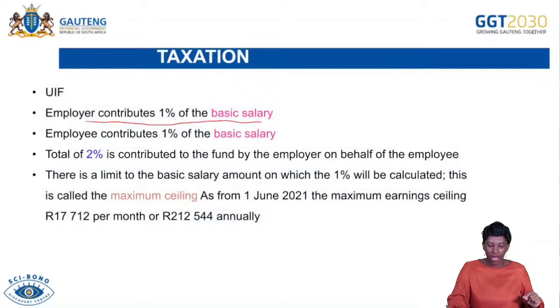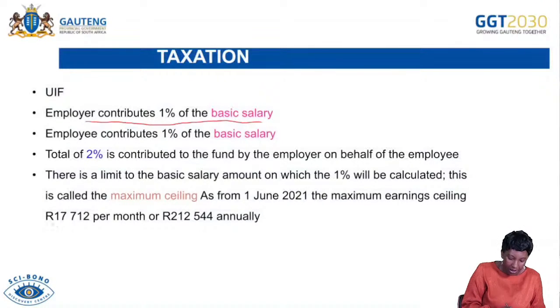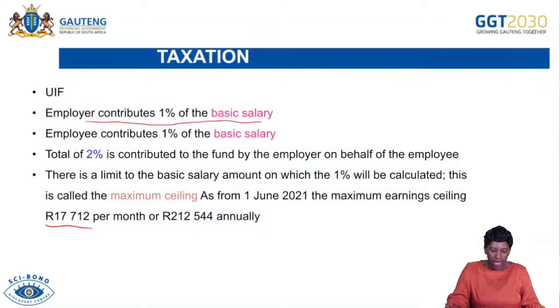Employer will say, okay, this is what you are getting. If I am getting 17,712 per month, therefore the employer will contribute 1% of my 17,712, and I will also contribute on my side 1% of my basic salary.